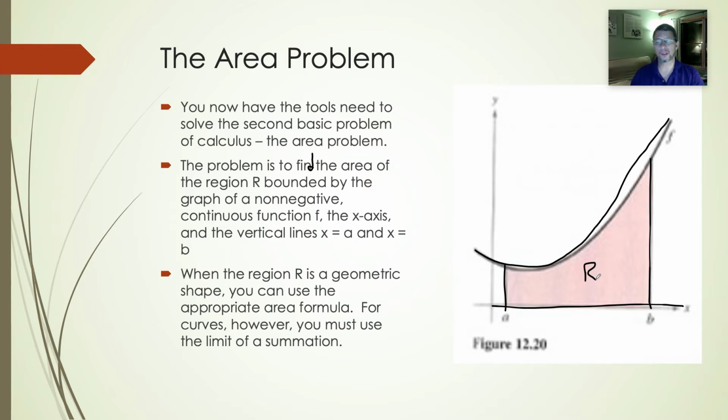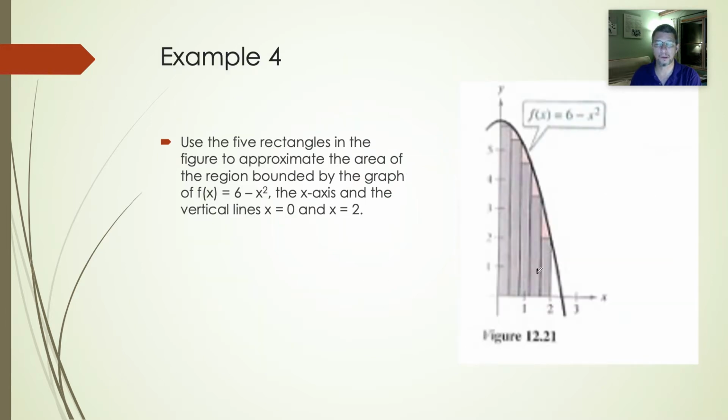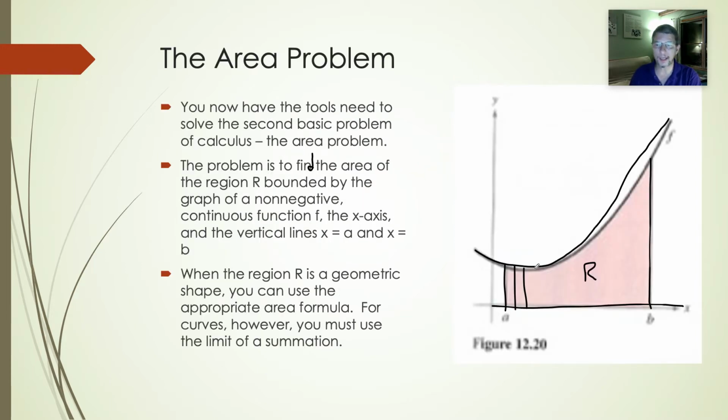So the question is, what are we actually summing up? Well, we take this shape and break it into a bunch of tiny little rectangles all the way through. I'm not going to draw them all.